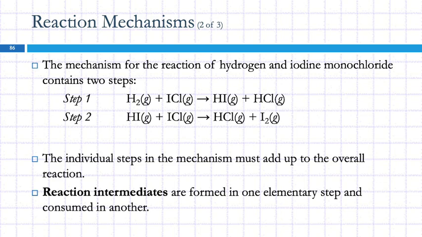And so we can see how that works here. We can add these two equations. And we see that this HI was formed and then it was destroyed again. So that occurs on both sides, and so we can think of that as canceling out.